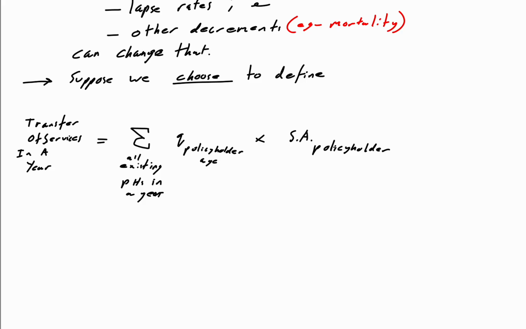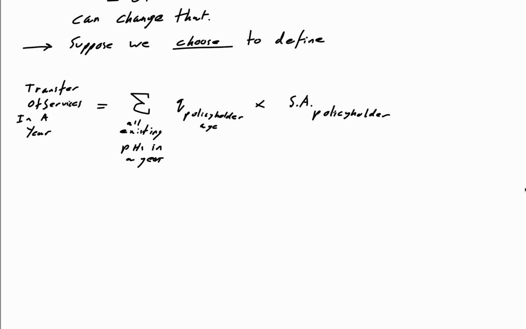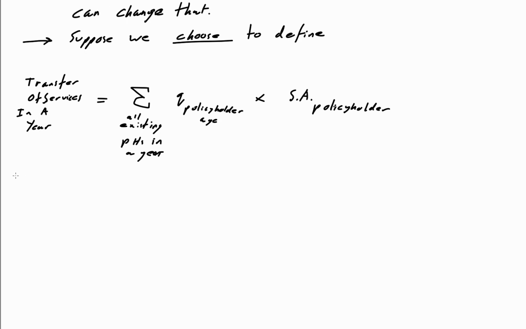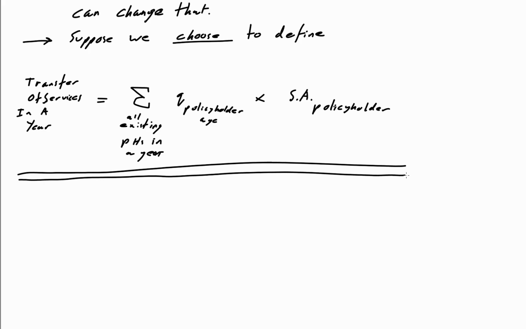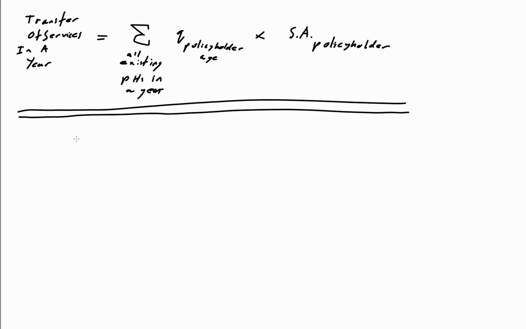So suppose that we decide that we're going to define transfer of services in a particular year as this formula: the sum over all existing policyholders in a year of the Qx, or Q for policyholder age, times the sum assured for that particular policyholder. Then you could get results that look a little bit like the following.